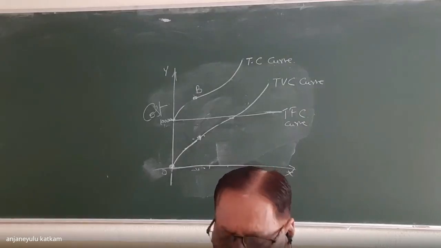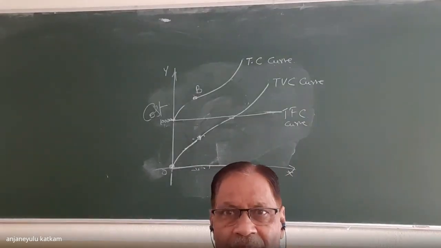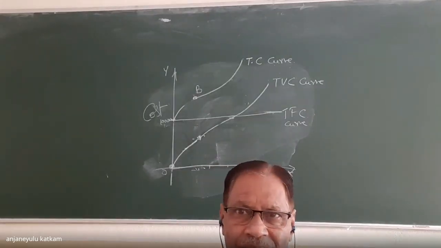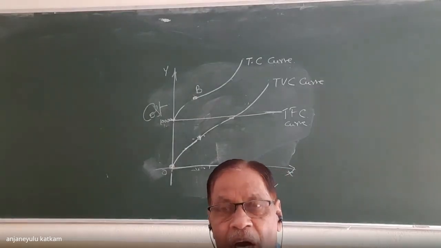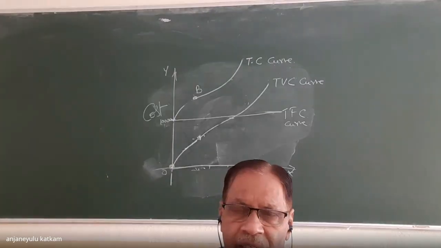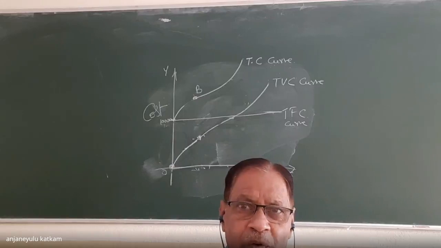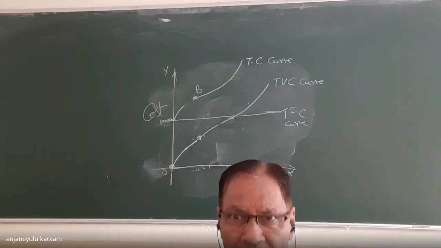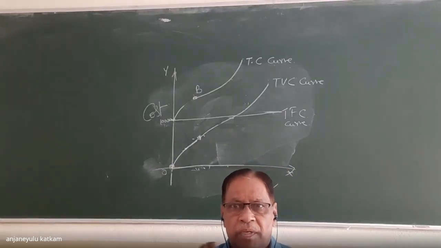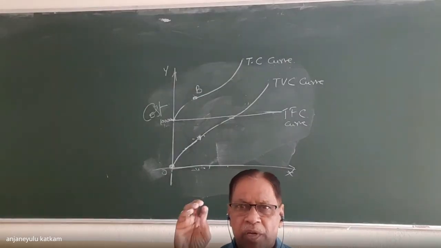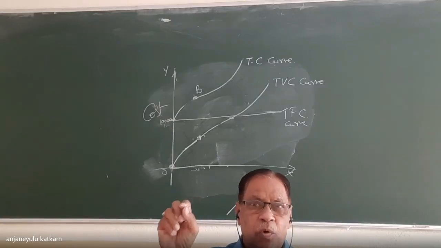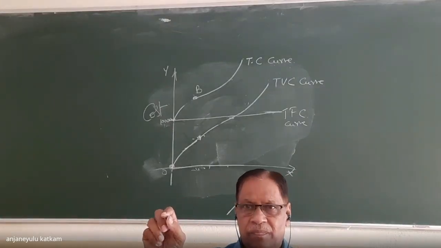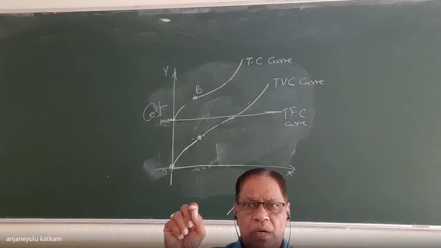Then let us see their averages. We can calculate the average of each one of these three. Suppose you divide the total cost by the amount of output, you will get average total cost.